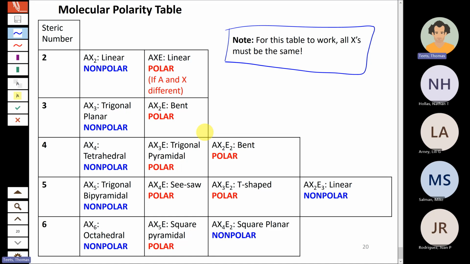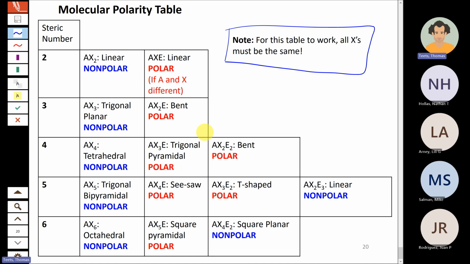Okay, my question is, how do you know exactly which direction the dipole goes? It's kind of like a tug of war. Imagine that each of the dipoles is pulling on the center atom, and whichever one is the stronger pull, that's going to be the net direction of the dipole. It's sometimes hard to visualize, but I don't think we're going to ask those types of questions too much anyway.